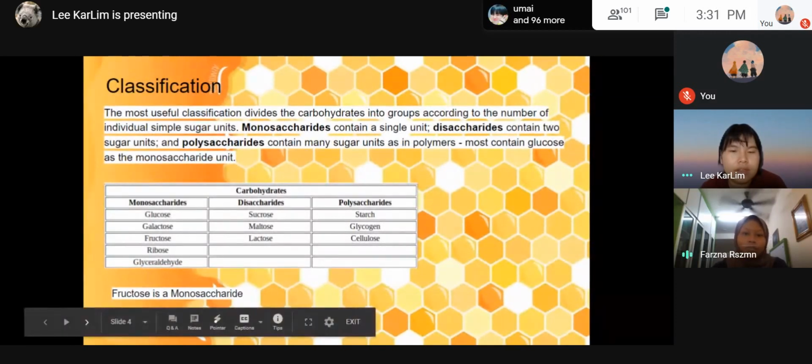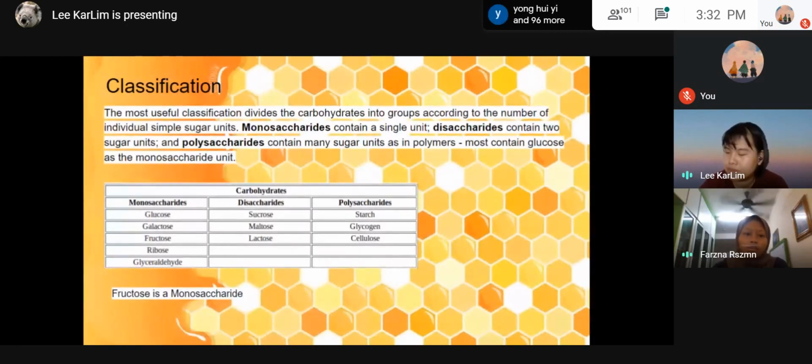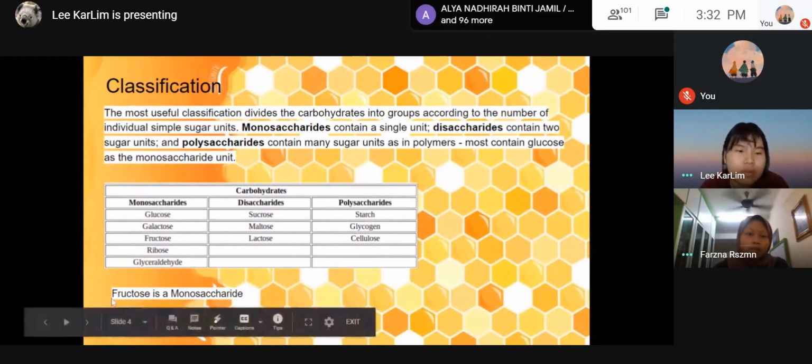Polysaccharides contain many sugar units as in polymers. Below is a table that classifies carbohydrates, and we can see that fructose is classified as a monosaccharide, which contains only a single unit of sugar. That is all for classification.